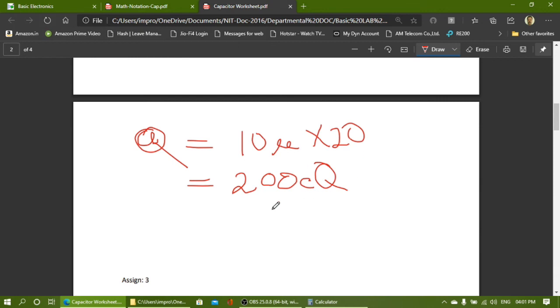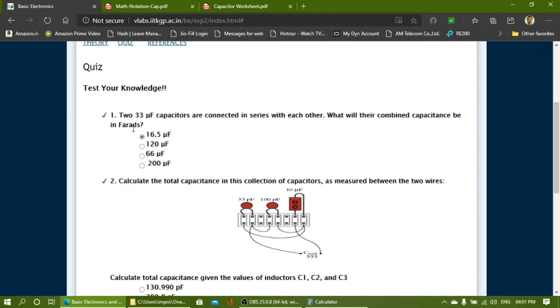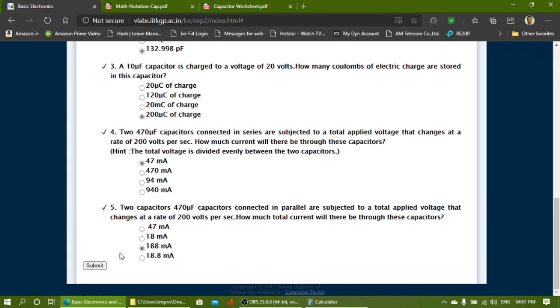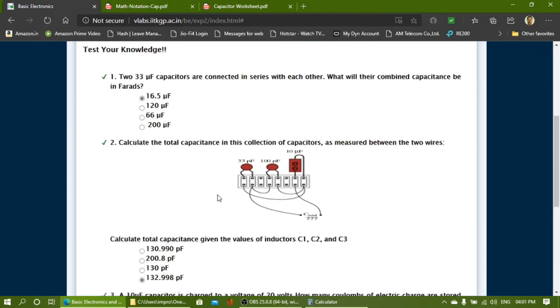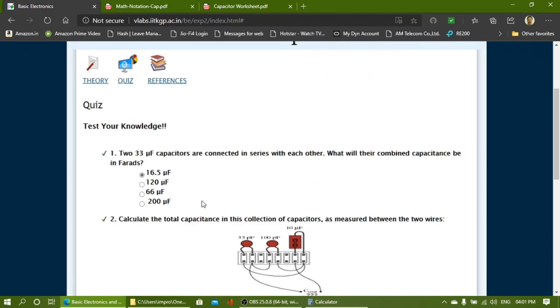We have already our answer here, 200 microcoulomb. So after correction, again click submit. Now I will get 1, 2, 3, 4, 5. All the 5 questions are found correct by the site administrator.